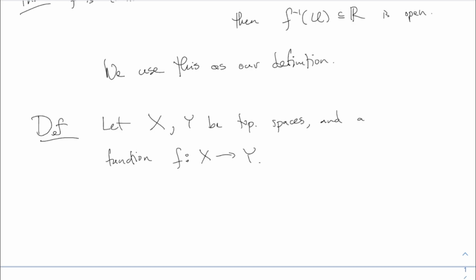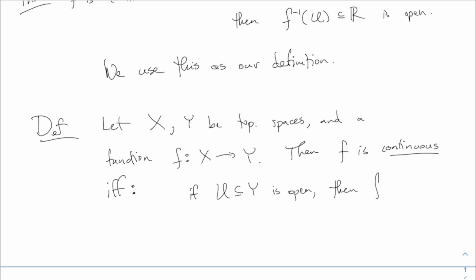Then F is continuous if and only if U in Y is open, then F inverse U in X is open. I don't know why I wrote the word in. This should be a subset.